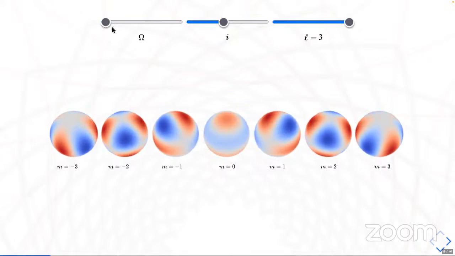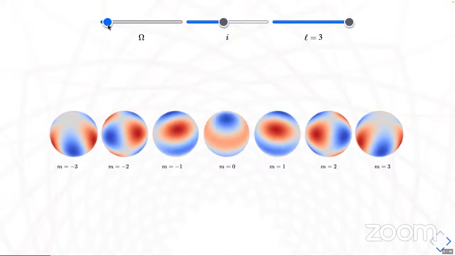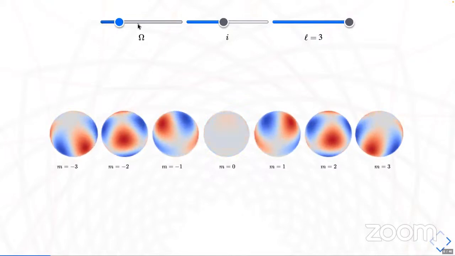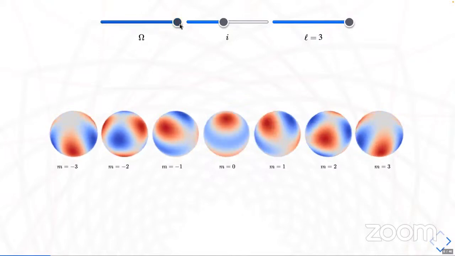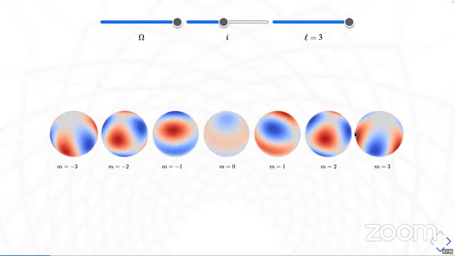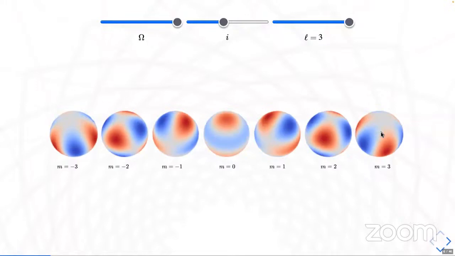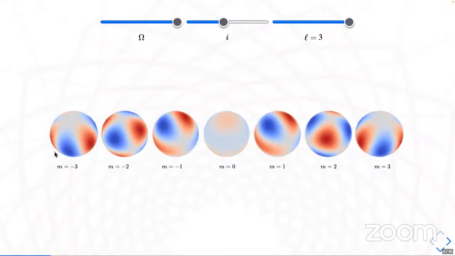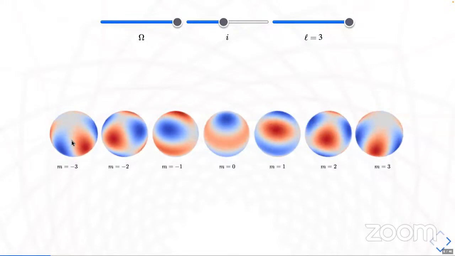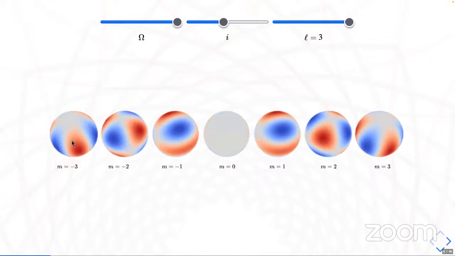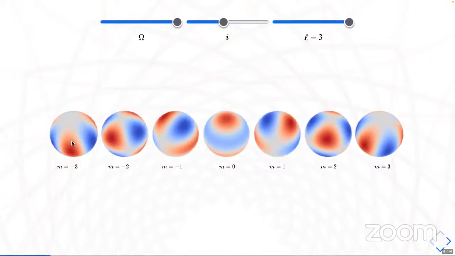So if you were to have these modes propagating like this in a rotating star, then in the stationary frame, your reference frame, you would see the modes that propagate in a prograde sense will seem to you to oscillate more quickly. And those which propagate in a retrograde sense will appear to oscillate more slowly, right? So the frequencies will change in the non-rotating frame.